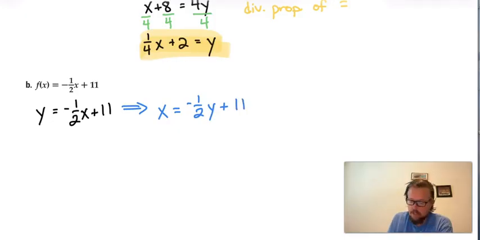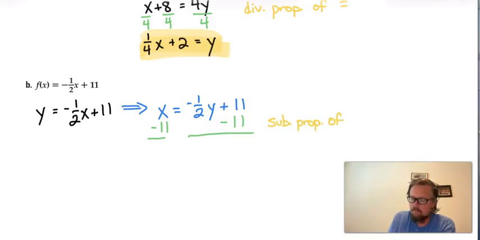So we'll start off with the subtraction property of equality, subtracting 11 on both sides. So we've got x minus 11 equals negative 1/2 y.